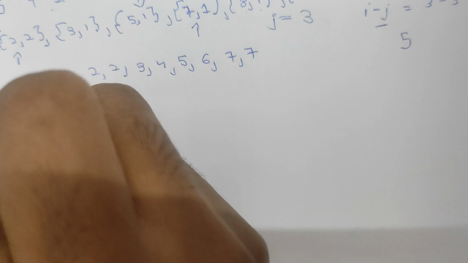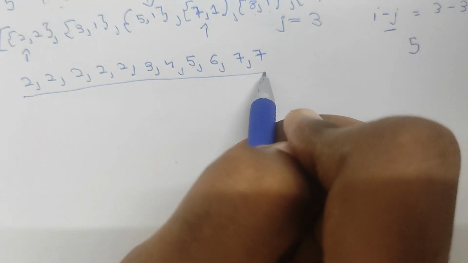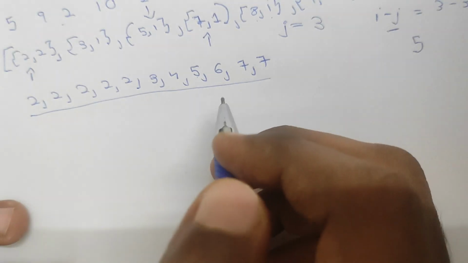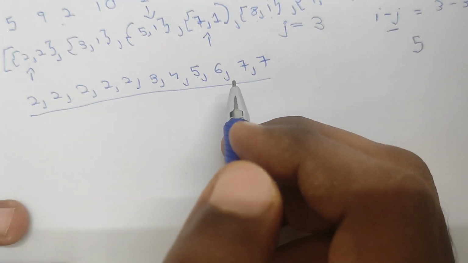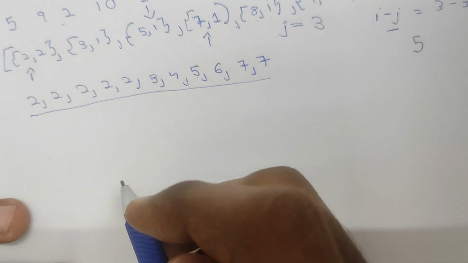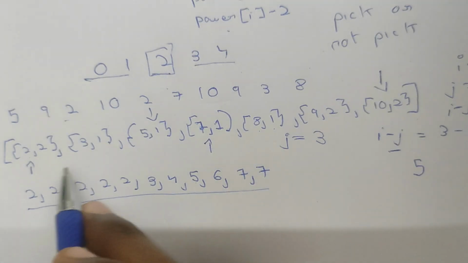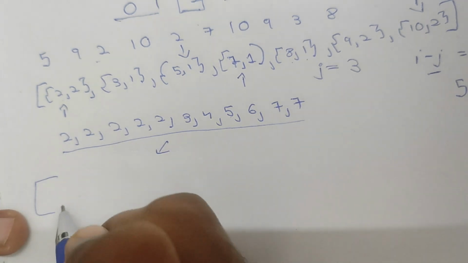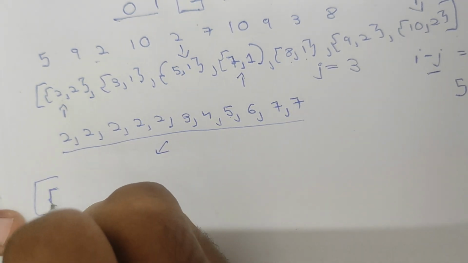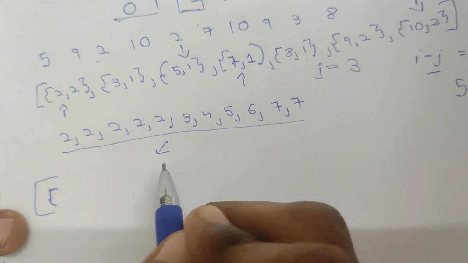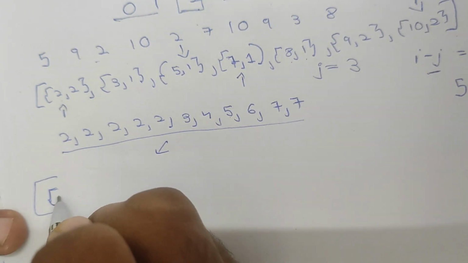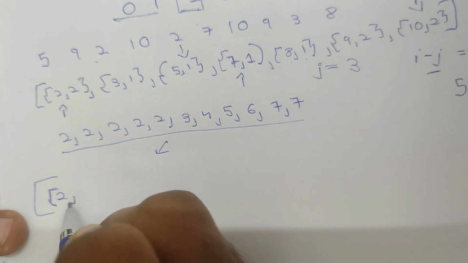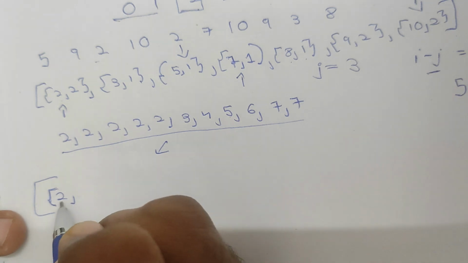To understand that, we will take this test case. First I will convert it into the pair format that I told you about. I create a new array and add some pairs inside it. The first value of the pair is the value that we are choosing, and the second value is the number of occurrences of that value.